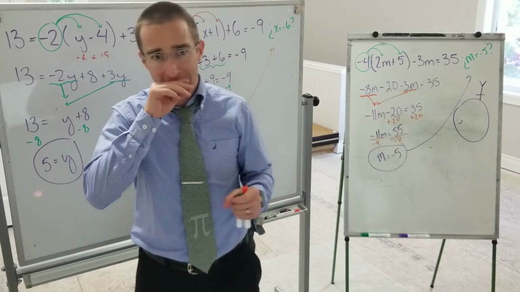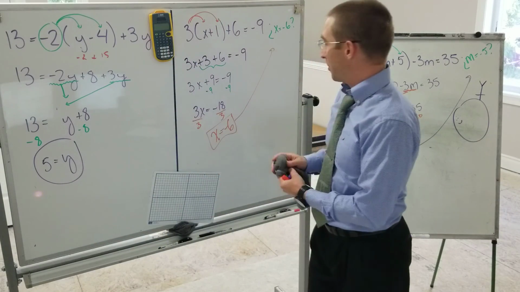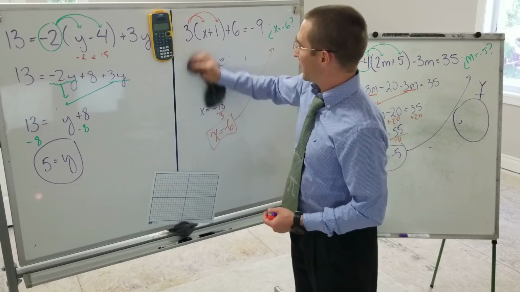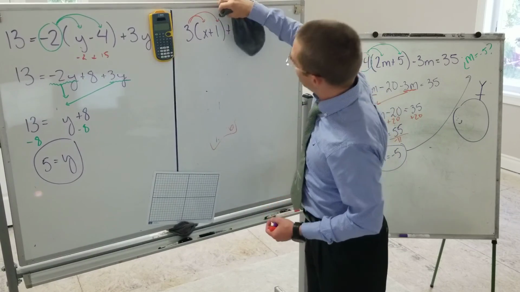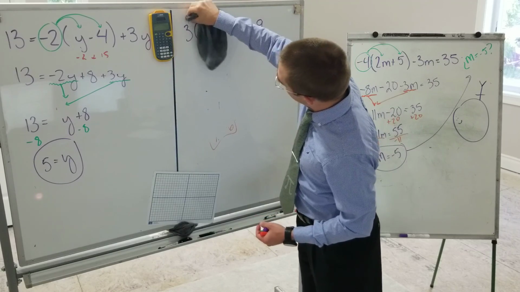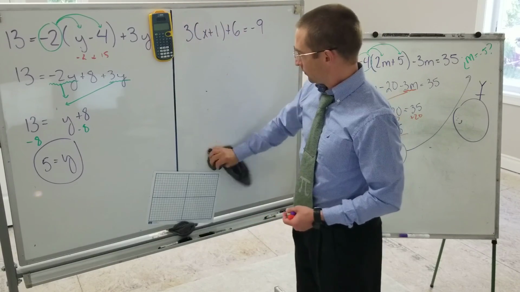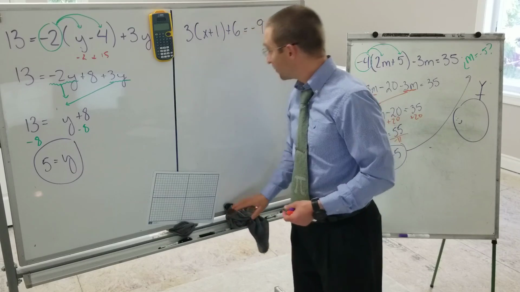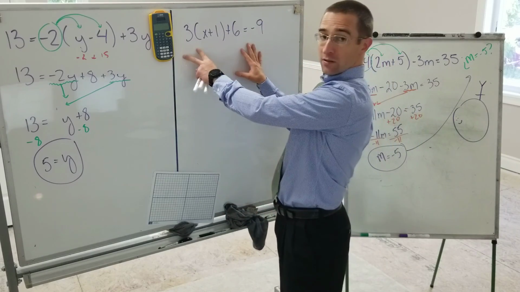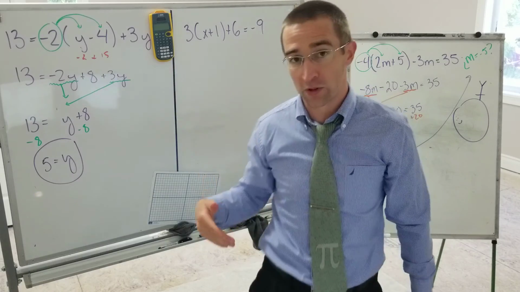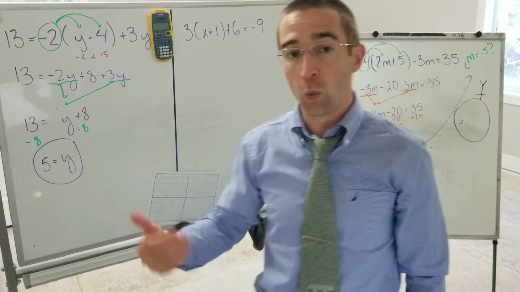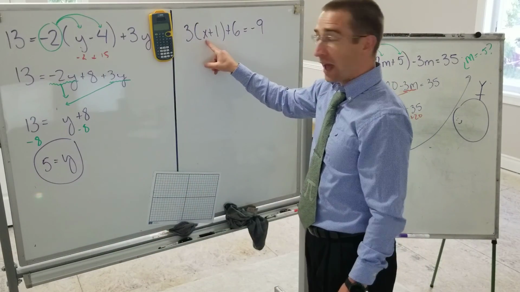So real quick, looking back at this problem, if you have a case like this, where there's just one x, notice there's just one x in here, and there's no other x's, right? The distributing going through right here. What we could do is solve this by working backwards, by just identifying what's happening to x.